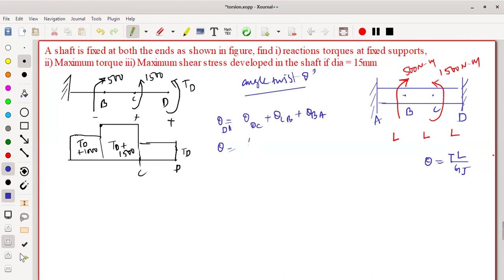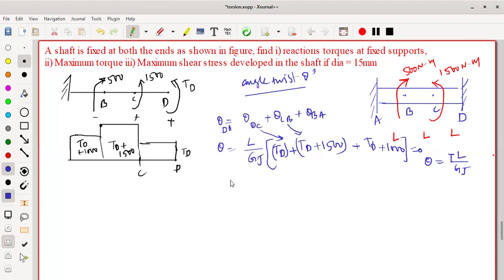So I can write L by GJ as common, and get TD for this one, plus TD plus 1500 for this one, plus TD plus 1000 for this one, which is equal to 0.